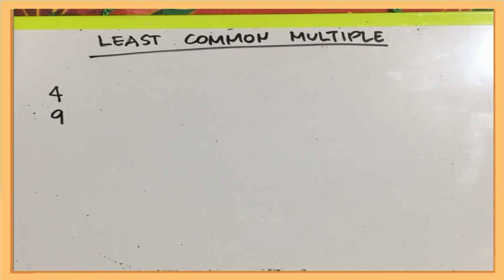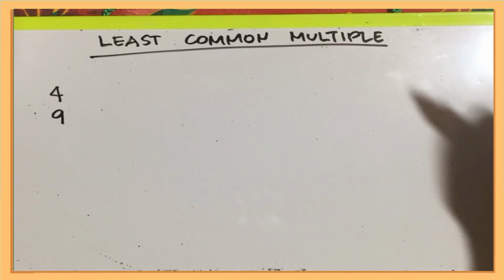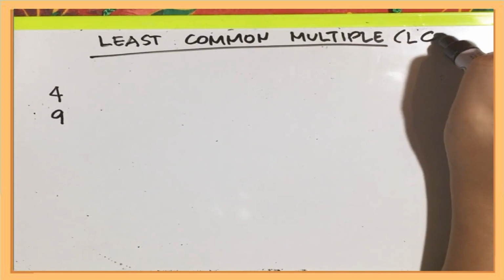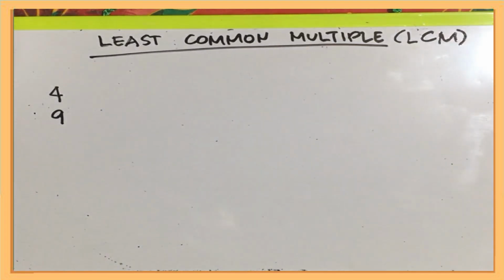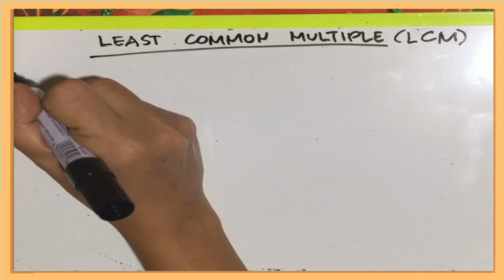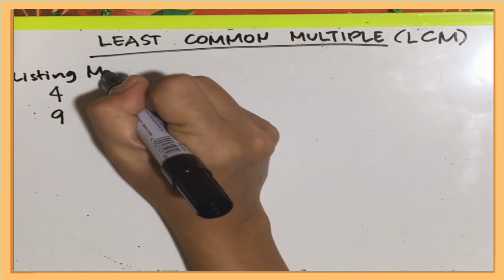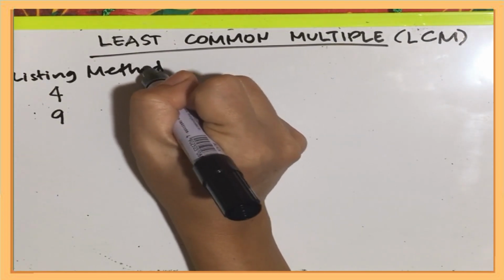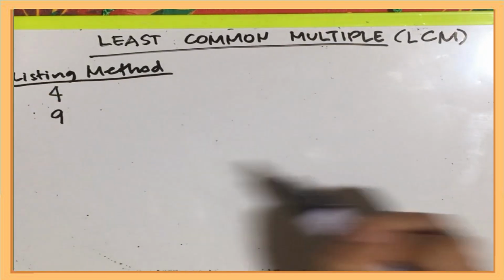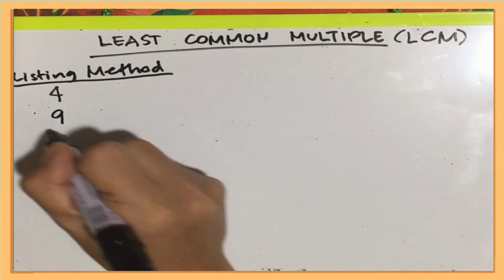So we have also two methods in getting the LCM, least common multiple, of two or more numbers. The first method, just like for the GCF, is the listing method. How do we do this?